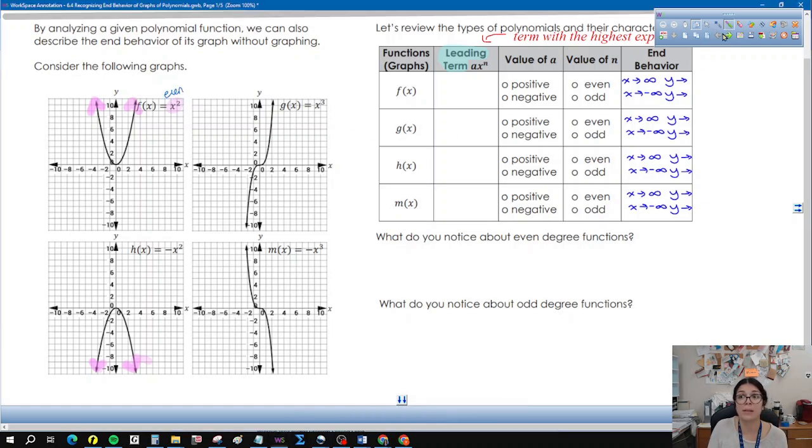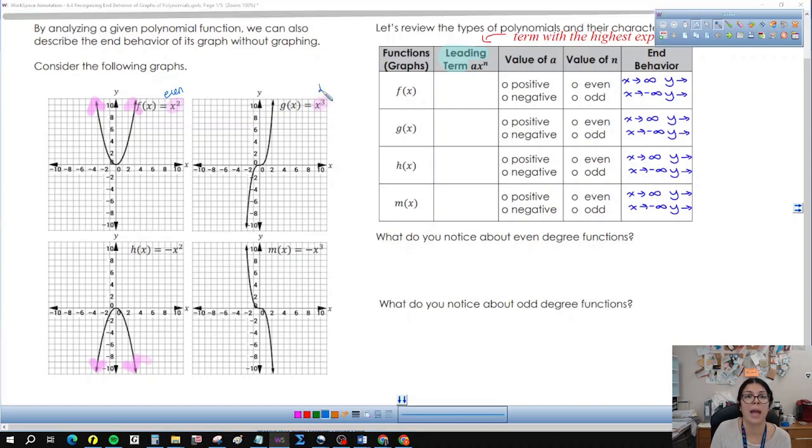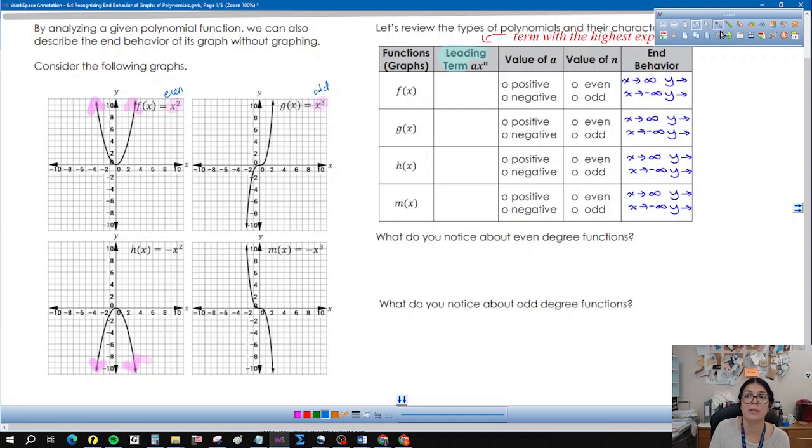Then we have something like x cubed, or even a linear, where the power is odd. And notice that on this one, the right end is going up, but the other end is going down. And on this other one, even though the left side is going up, the right side is going down.